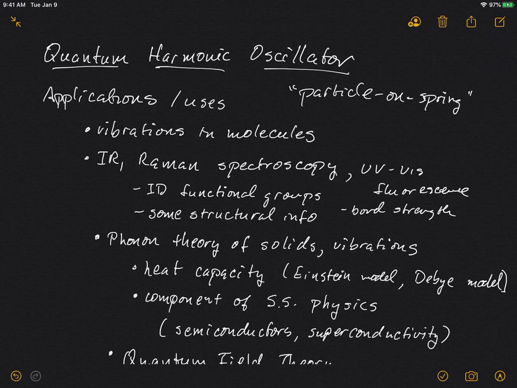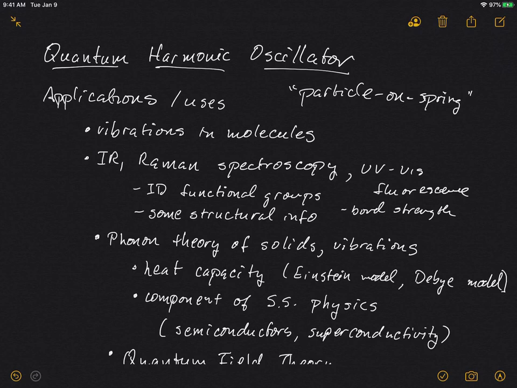That's a concept that you may run across. And these phonons are important in determining the heat capacity and other properties as well, such as thermal conductivity and so on, of solids. And there are a couple of models.